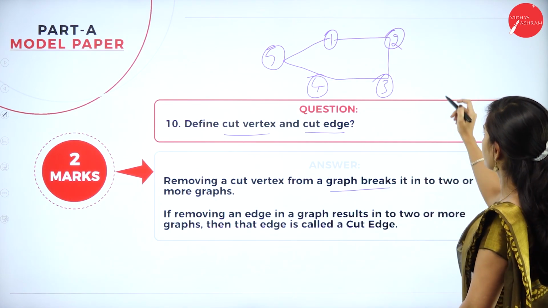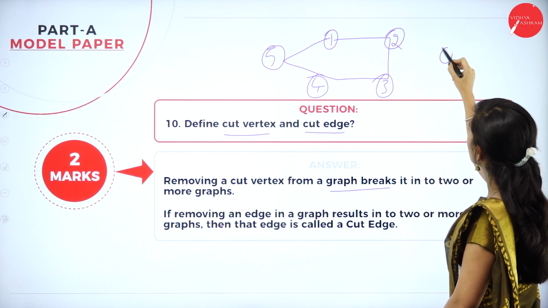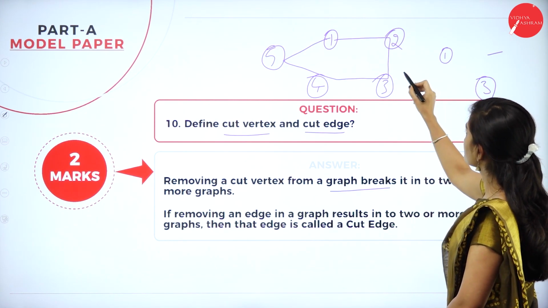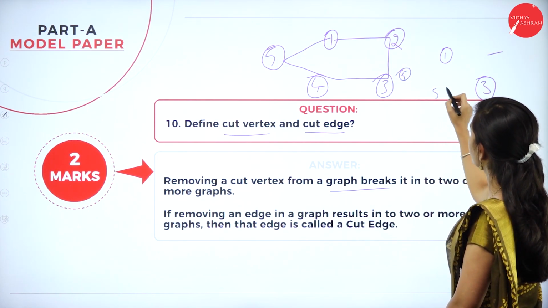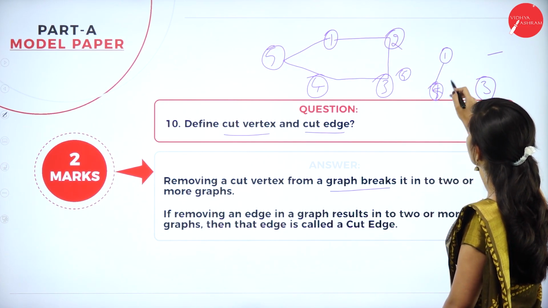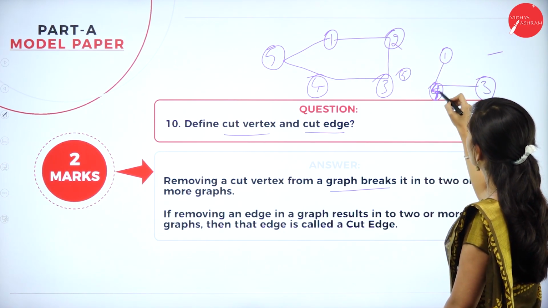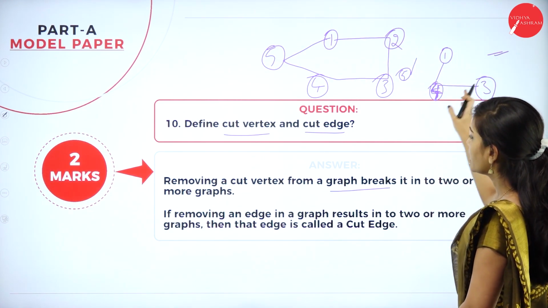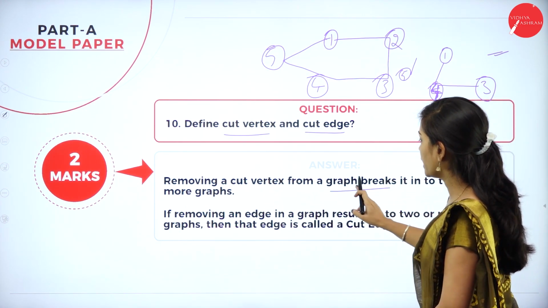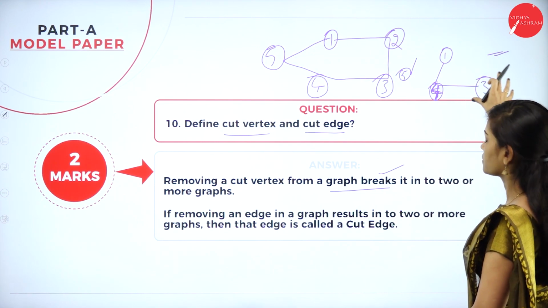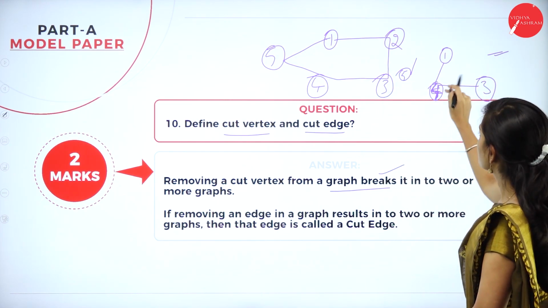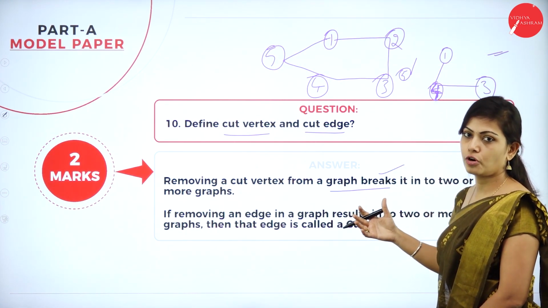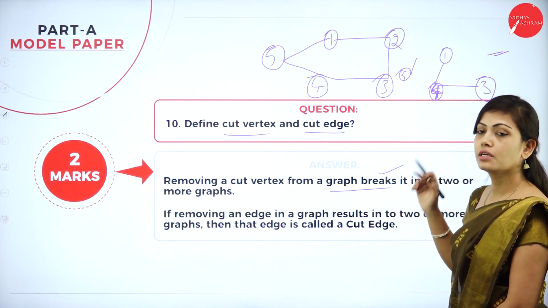For example, I'll remove vertex 2 and vertex 5, and the remaining one is 4. So removing a cut vertex from a graph breaks it into 2 or more graphs, is it right? Here I have removed vertex 5 and vertex 2, so it breaks into another form of graph. Is it clear? This is called a cut vertex.